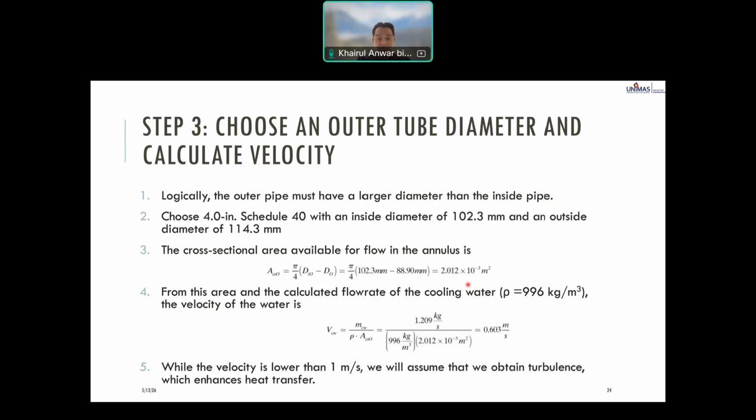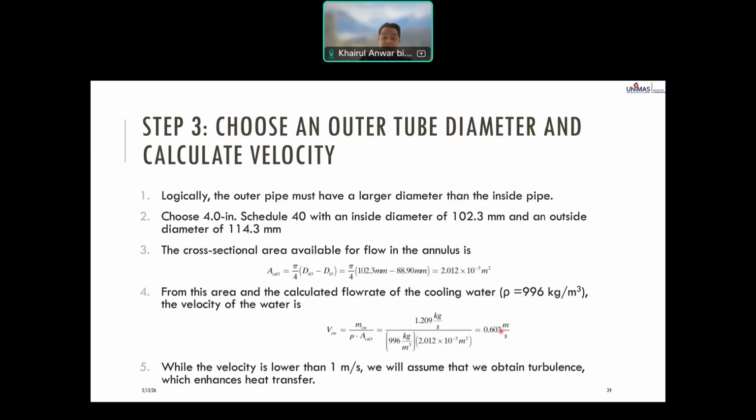From this area and the calculated flow rate of the cooling water, with rho equal to 996 kg per meter cube, the velocity of the water, VCW referring to the cooling water, is 0.603 meter per second.